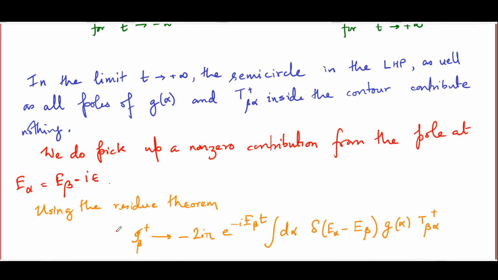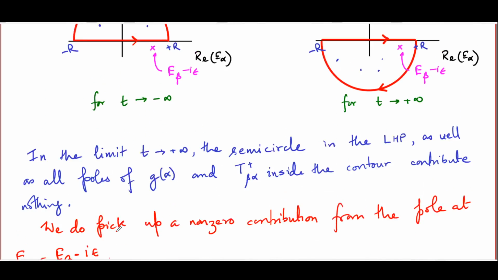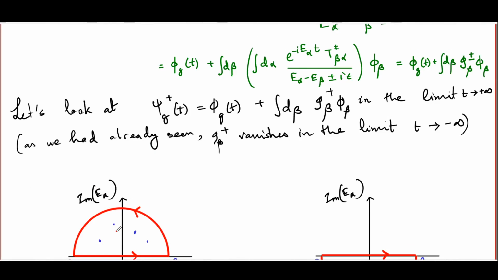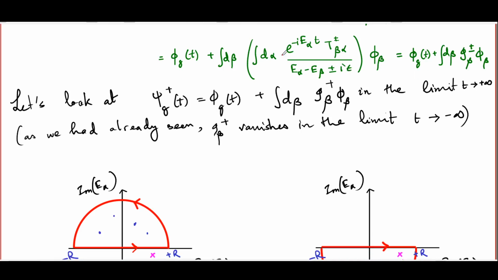Now what you can do is simply use residue theorem to evaluate the E alpha integral, and that will tell you that you get a 2 pi I from the E alpha integral from this particular pole, which essentially means that you have to replace every E alpha here by E beta minus I epsilon.